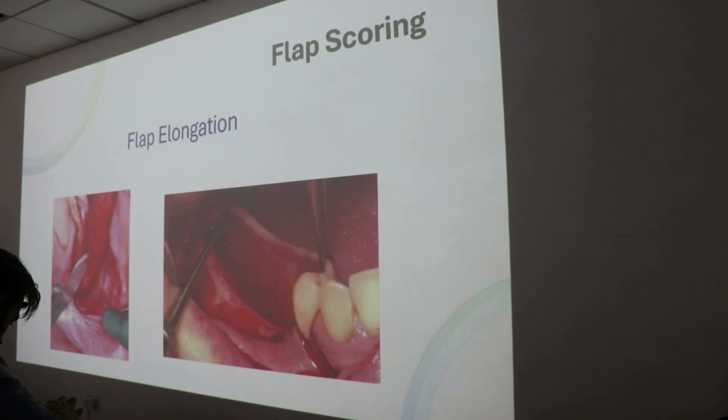How much elongation is enough? Once you put the flap together and the buccal flap extends at least 5 millimeters over the lingual or palatal side without tension, needing to go back, this is enough. So in this case, you'll know it's enough.